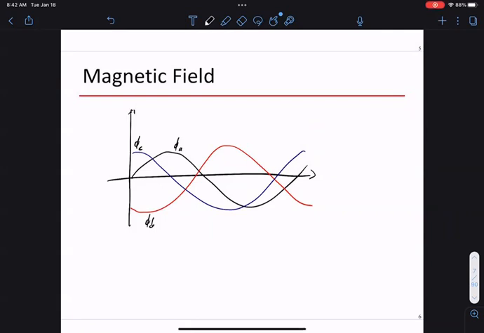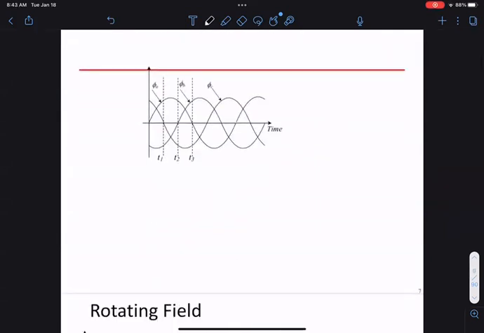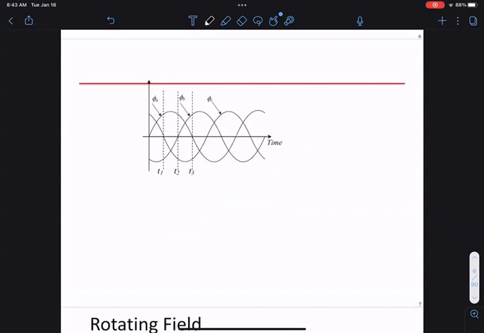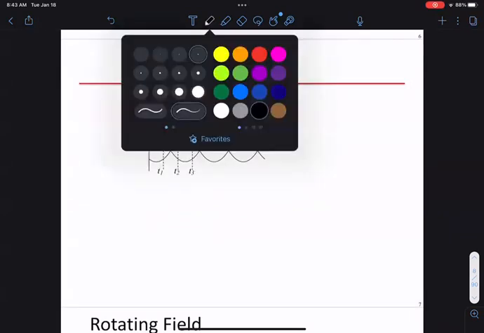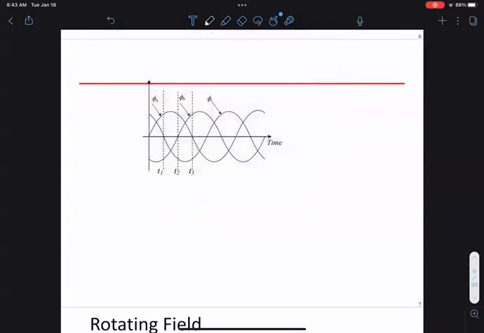In the phasor rotation, we have 3 phasors that are 120 degrees apart.